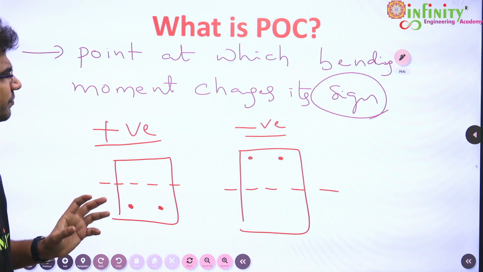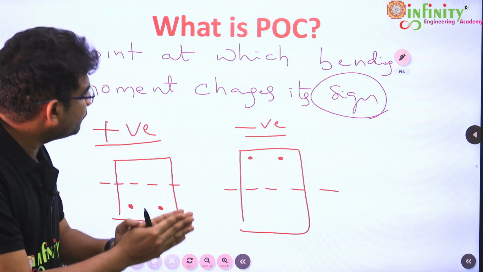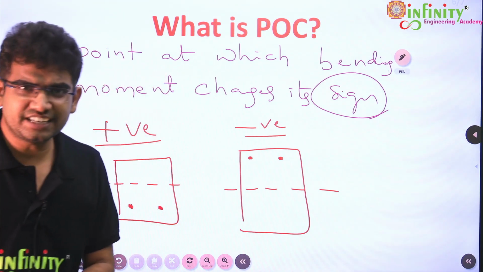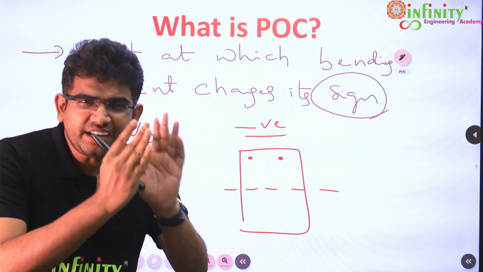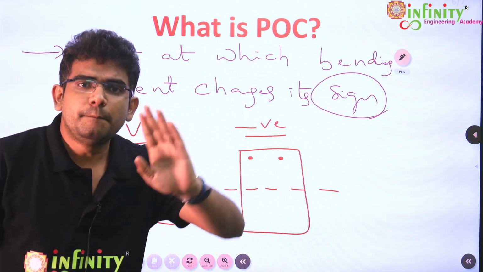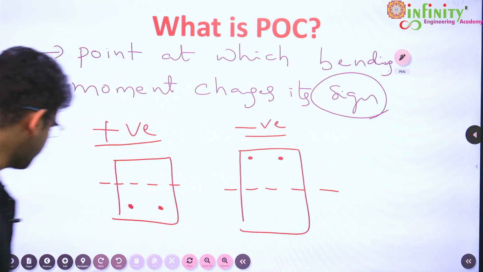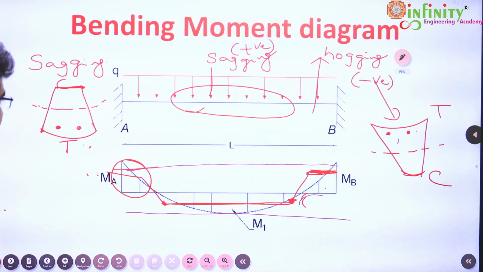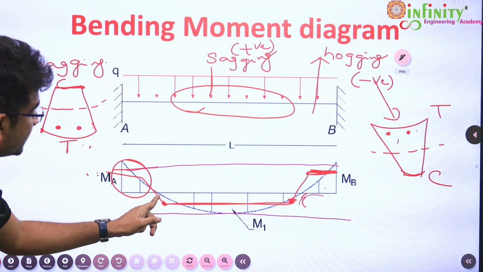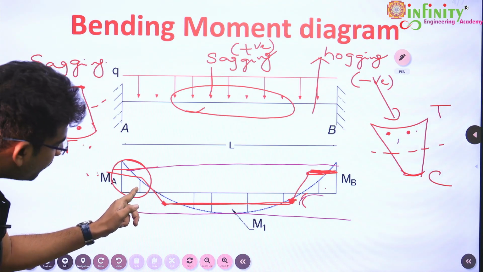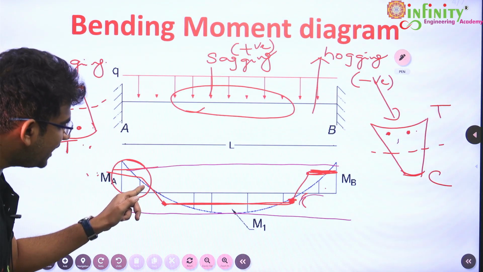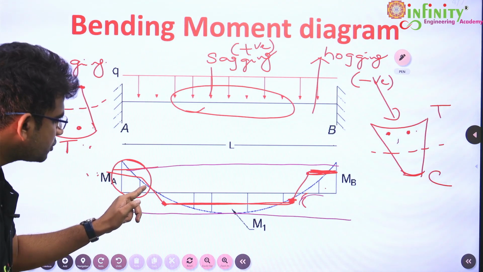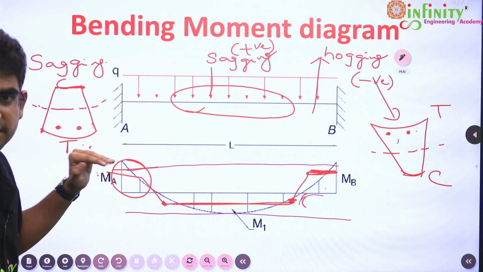Now, the importance of the point of contraflexure is, suppose the point of contraflexure is here, beyond this point you have to provide your tension reinforcement above the neutral axis.